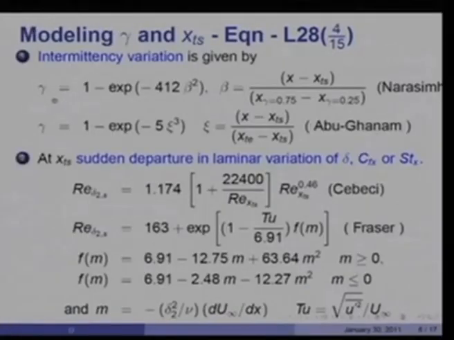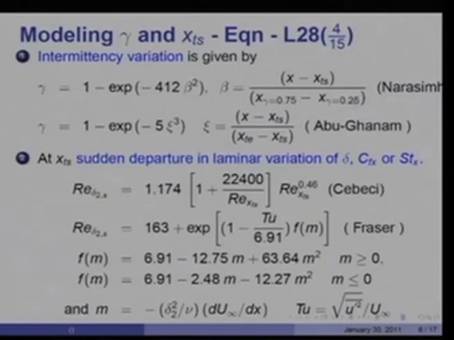Variation of intermittency with x in a boundary layer has been correlated, and one of the first correlations was by Narasimha, an Indian scientist working at the Indian Institute of Science, and it was 1 minus exponential of minus 412 beta square, where beta itself is a dimensionless quantity, x minus start of transition, divided by x where the value of intermittency is 0.75 minus x where the value of intermittency is 0.25.